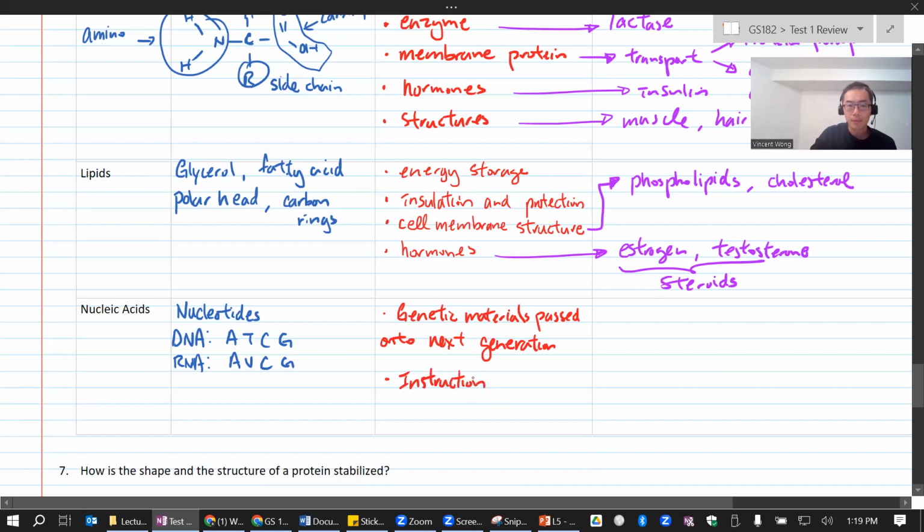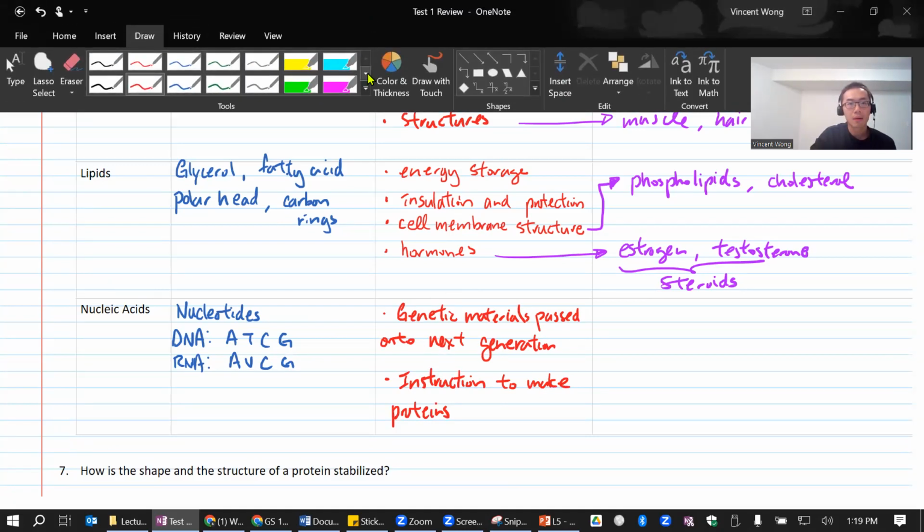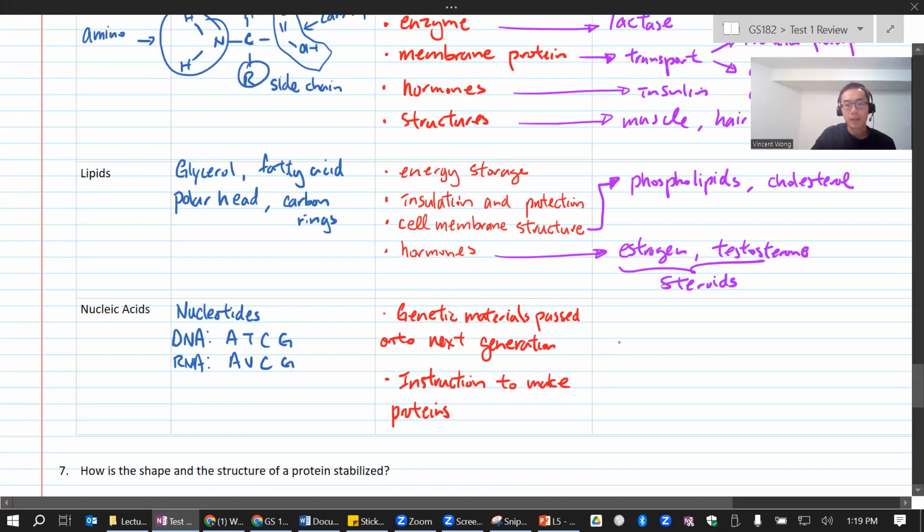Oops, can't spell. Sorry. Instruction to make proteins. And I mean, we only have two examples, right? Like DNA, which is in the nucleus most of the time, and RNA. We learned two types of RNA: messenger RNA for making proteins, and rRNA, which makes up the ribosome.